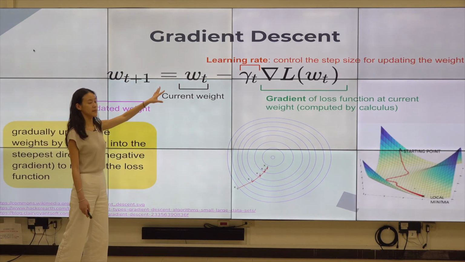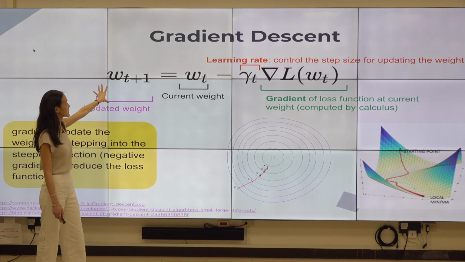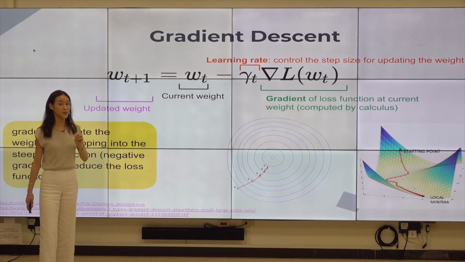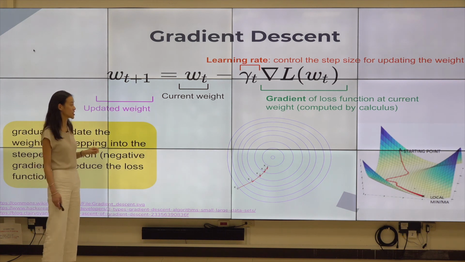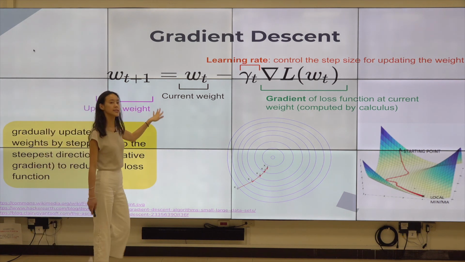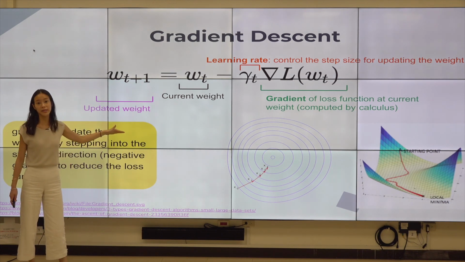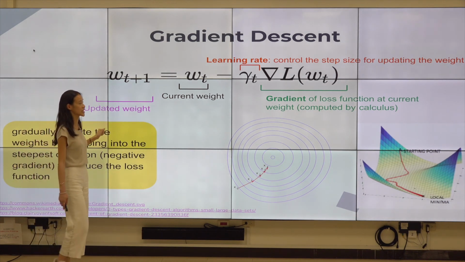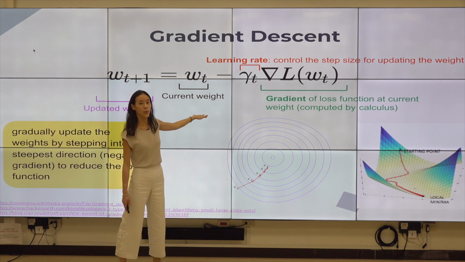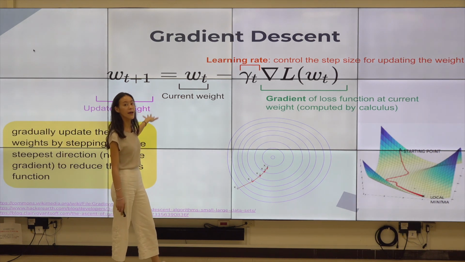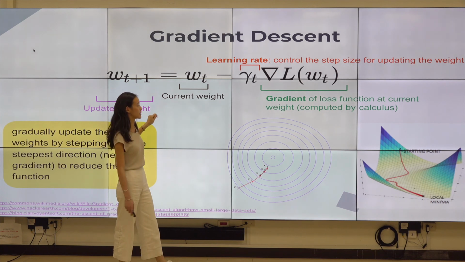So gradient descent mathematically refers to this expression as we see here. This is the updated weight. I'm pretty sure, as you guys remember from the segmentation lecture, what we have is the constant updated weight. This is the current weight in terms of where we are, so this becomes edited at every single iteration.